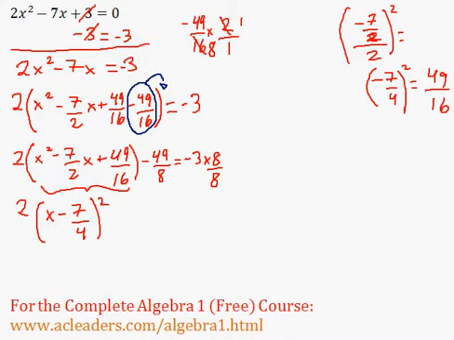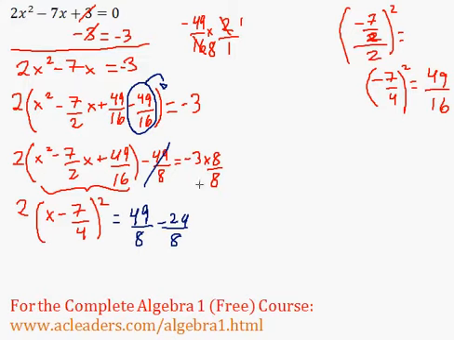One second, let me pick a darker shade of blue. Alright, that's not too bad. So I'm adding 49 over 8 to both sides of the equation, just so we can get rid of it on this side. So 49 over 8 on the right side of the equation now. Negative 3 times 8 is negative 24 all over 8.